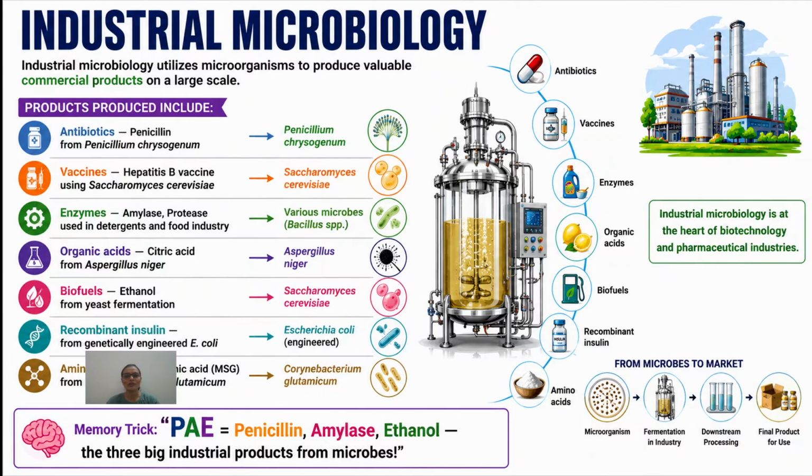Now let's talk about industrial microbiology. It utilizes microorganisms to produce valuable commercial products on a large scale. For example, you can see we can produce various kinds of products like antibiotics, vaccines, organic acids, and biofuels, and these are the organisms which produce these different important products, right?